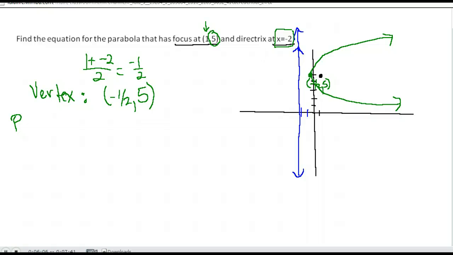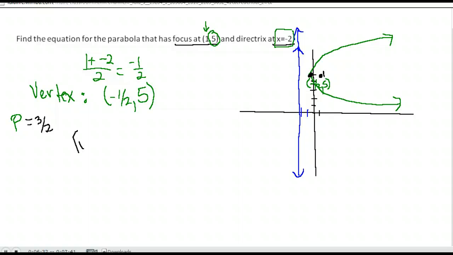Okay? So that tells us we have a horizontal equation here. Our value of p, how far is it from x being 1 here to x being negative 1/2? It's 1.5 or 3/2. So our p is going to be, you could say 1.5, you could say 3/2. Okay?